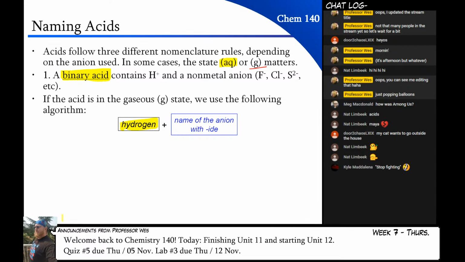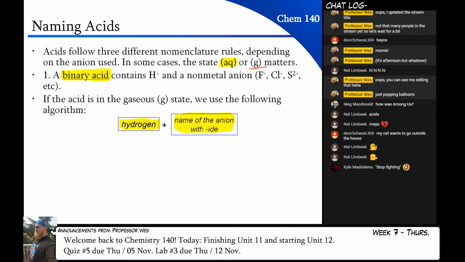That's just the thing. Let me just start over wherever I was. Okay. So if the acid you're working with is both binary and in the gas state, the first word that you're going to say is hydrogen. And then the second word is whatever the anion is with "ide." We did this in the ionic naming section, and also a little bit in the covalent naming section.